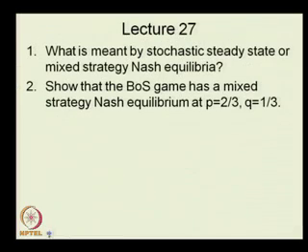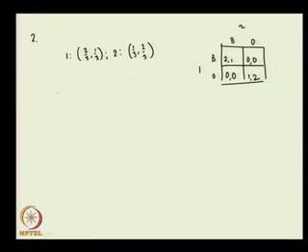Yes. How to prove? Now, given Q is the probability with which player 2 plays B, Q is 1/3.